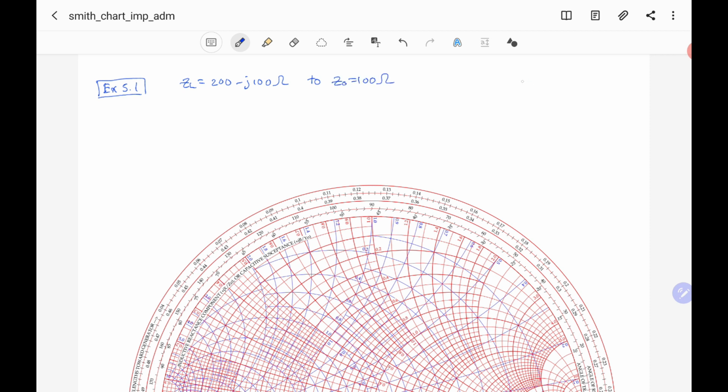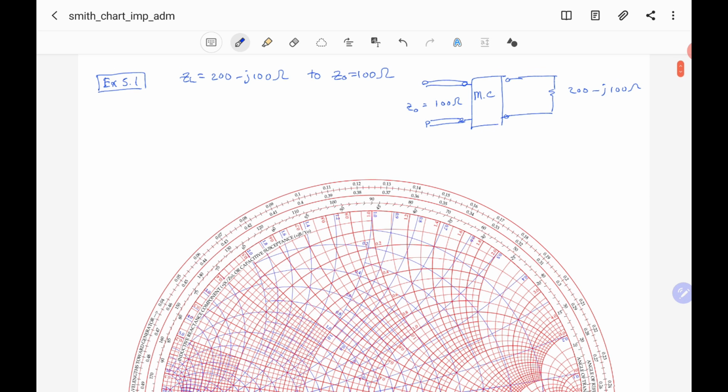So if we have some circuit with 200 minus j100 ohm, and a transmission line of 100 ohm, it asks us to design a matching circuit here.